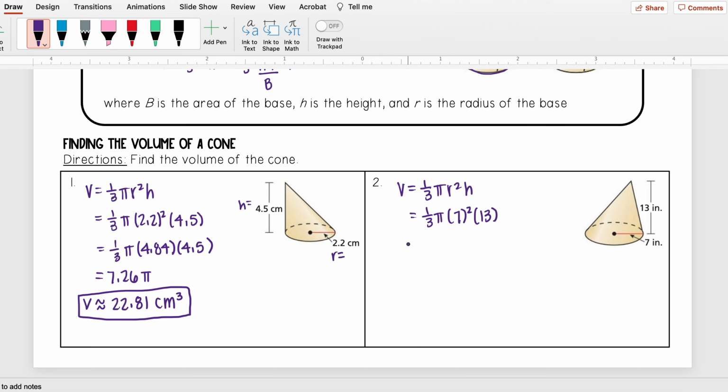So I have 637 times 1/3, so 637 over 3 pi. And then when I multiply that by pi, I get 667.06 approximately.